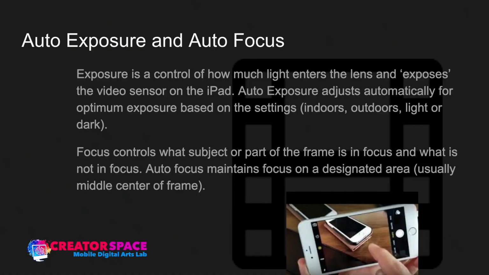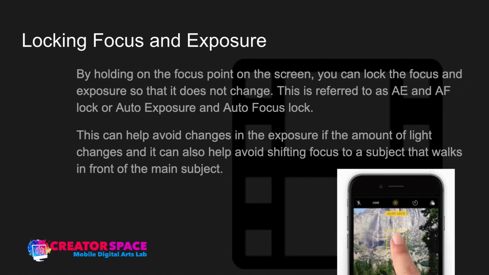What it's doing is trying to maintain focus on the designated area at all times, usually the middle center of the frame. But again, this can cause problems if people are moving in or out of the frame. So what we can do is something called locking focus and locking exposure. If we hold on the focus point on the screen, we can lock the focus and exposure so it doesn't change.